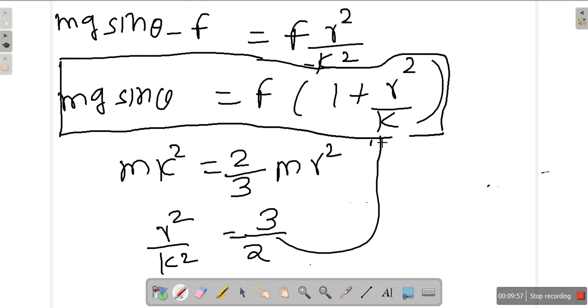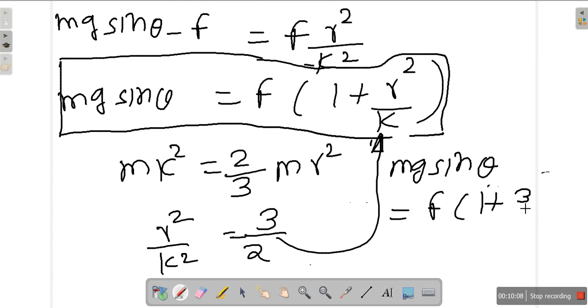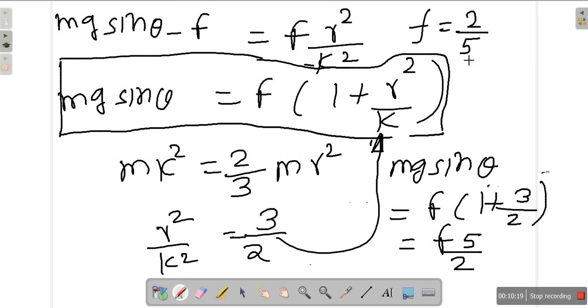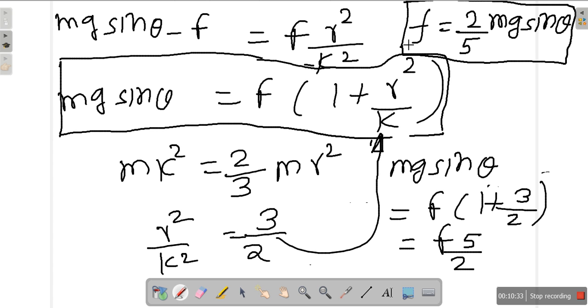Let us put its value over here, and what we will get here is mg into sin theta is f into 1 plus 3 by 2, that is f into 5 by 2. So of course 5 by 2 goes on the other side, and you get the force of friction as 2 by 5 into mg sin theta. So this is the value of force of friction that is required for pure rolling, 2 by 5 into mg sin theta.